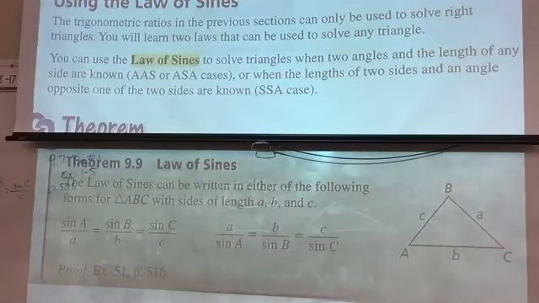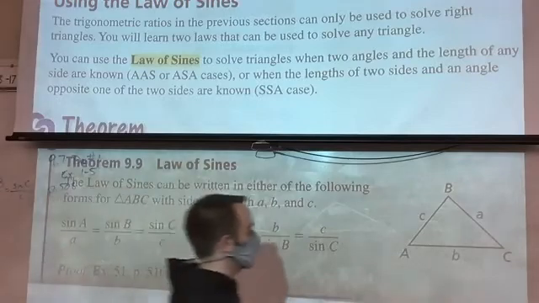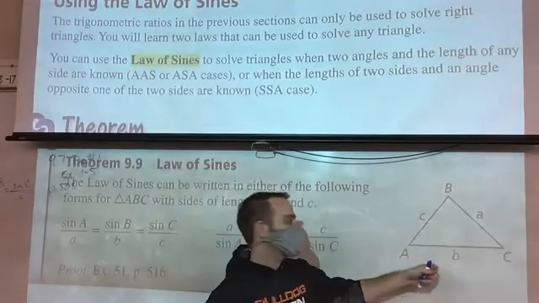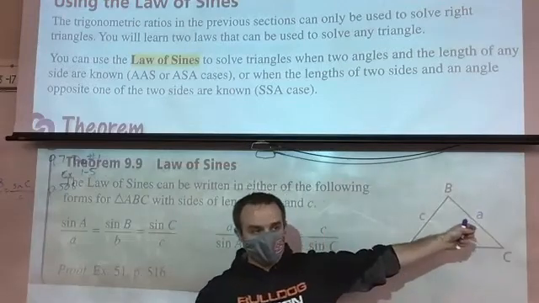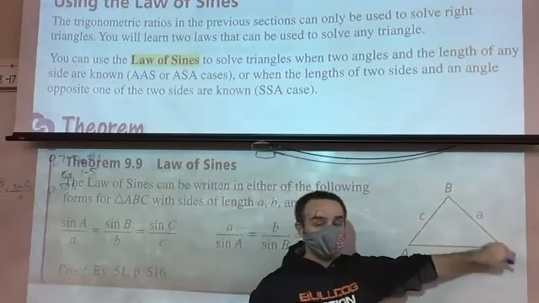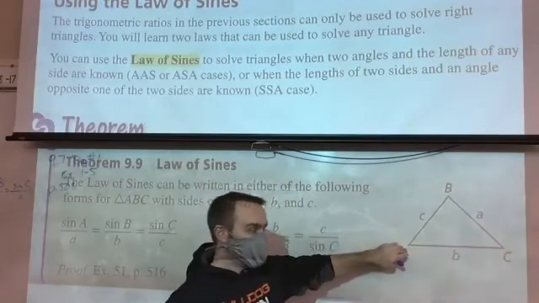Okay, so first thing to notice, and I might have mentioned it yesterday, I know I did in a couple classes. Notice we've got the same letter multiple times here. You got a capital A, you got a lowercase a. The capital letters are always the vertices, the angles.